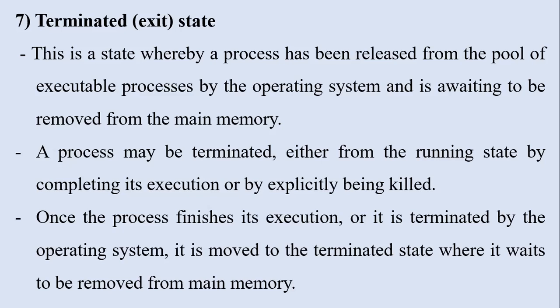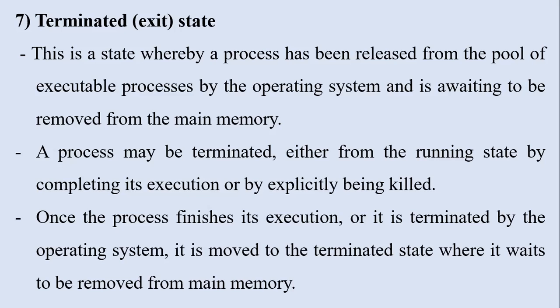Killing a process simply refers to that operation whereby a process is suddenly stopped in its execution and removed from the main memory. That is sudden stoppage of a process before it has completed its operation.